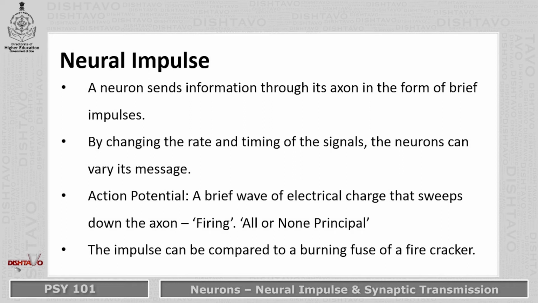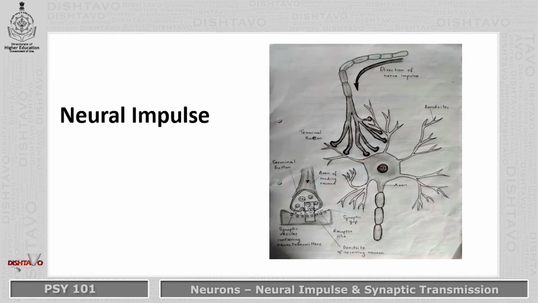Well, you can compare an impulse to a burning fuse of a firecracker. When you light the firecracker, the fuse slowly and steadily moves through and reaches its ultimate goal, passing on the message. Take a look at this image. The message is received from the dendrites and goes down to the axons.